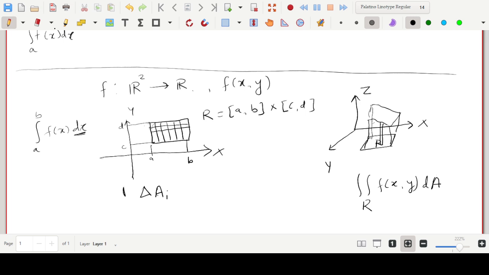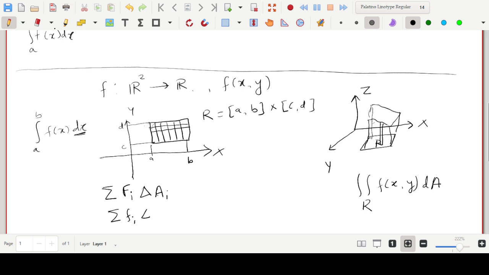First we multiply by the supremum and take the summation over all i's, and again we do the same with the infimum, where capital Fi is the supremum over the ith rectangle, and small fi is the infimum of the function value over this ith rectangle.